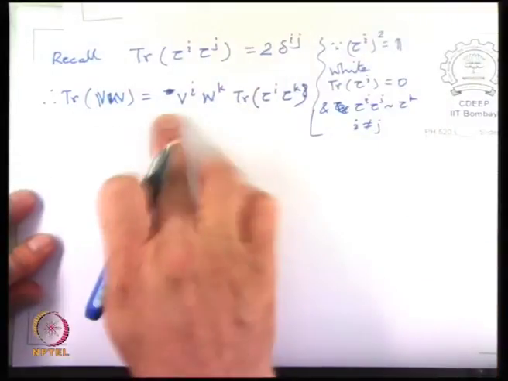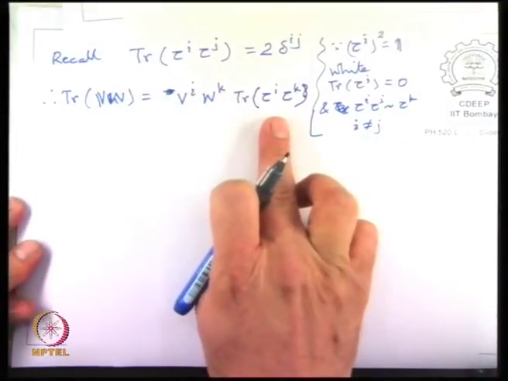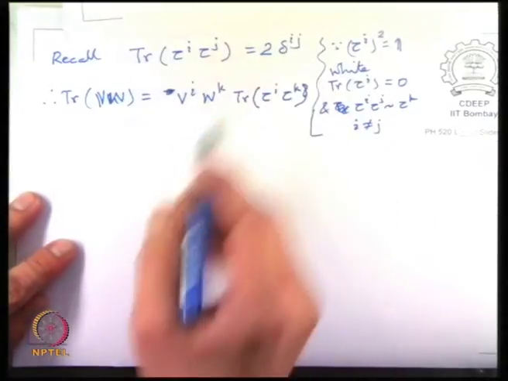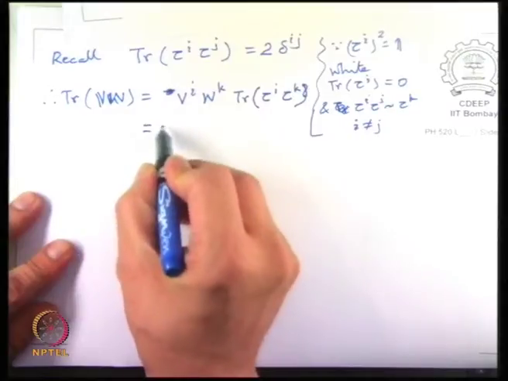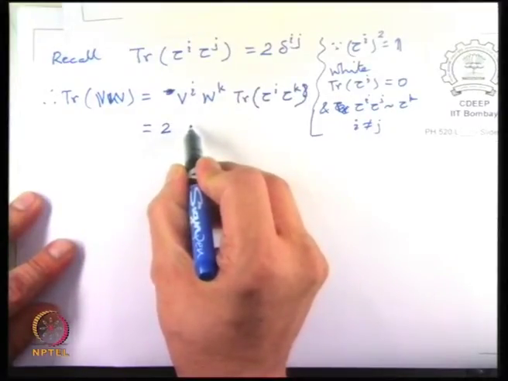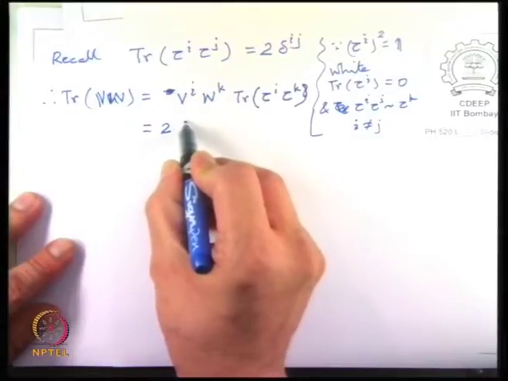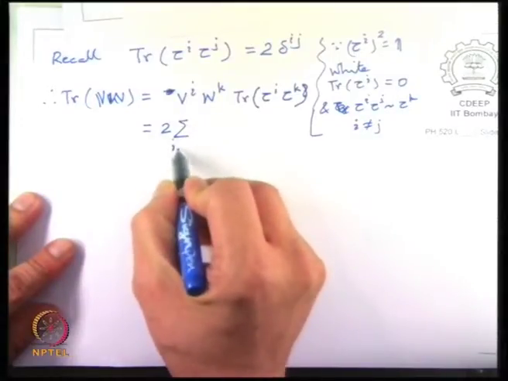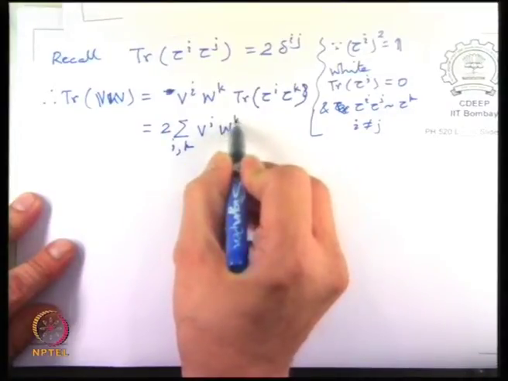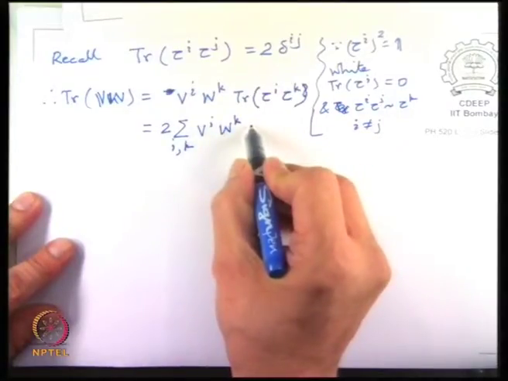So we can pull out the numbers and do trace over this, and this trace is equal to 2 times delta ij. So except for a factor 2 we got the inner product back.